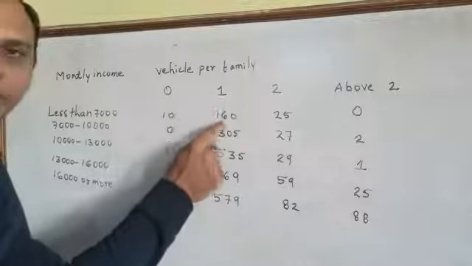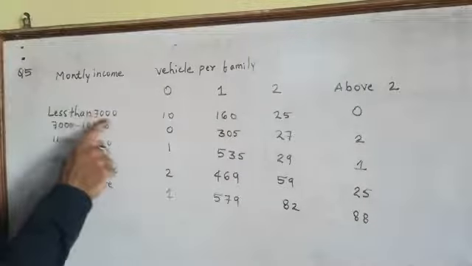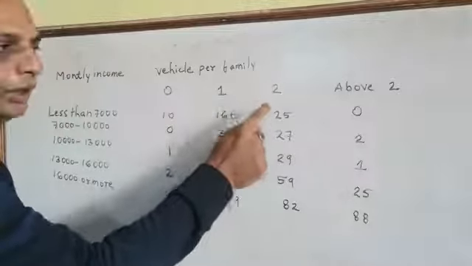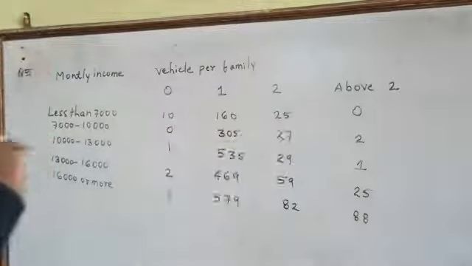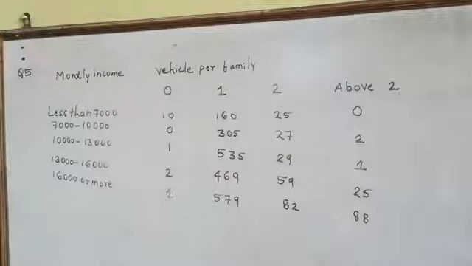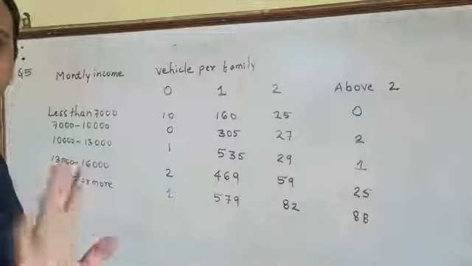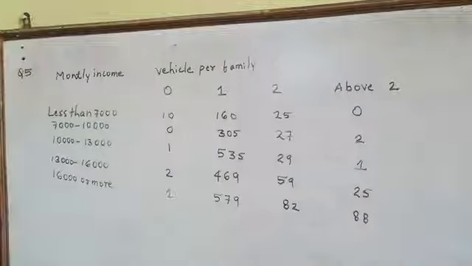One vehicle, 160 families. Two vehicles, 25 families. More than two vehicles, zero families, because no family earning less than 7,000 has more than two vehicles.